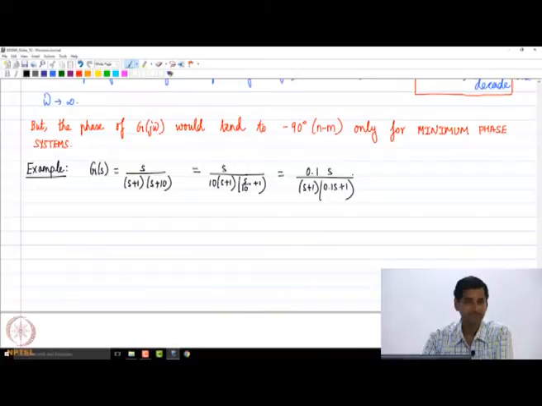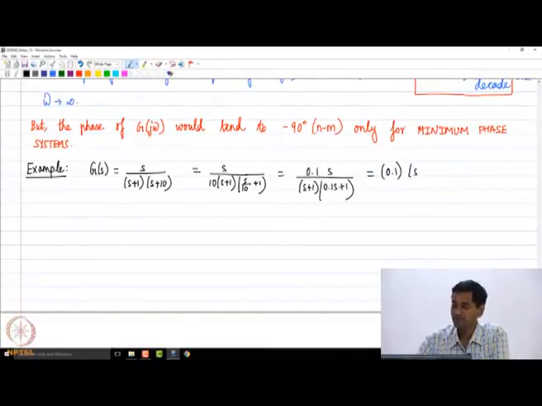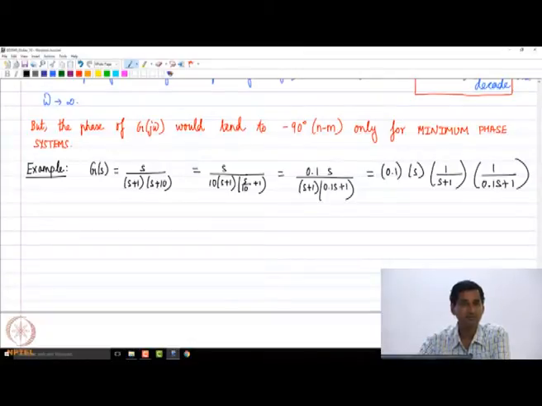Do you agree? So this means I have 4 factors: a constant 0.1, an s term, a 1 by s plus 1 term, and a 1 by 0.1 s plus 1 term. I have to plot the individual Bode plots of these 4 factors and then get the net Bode diagram.